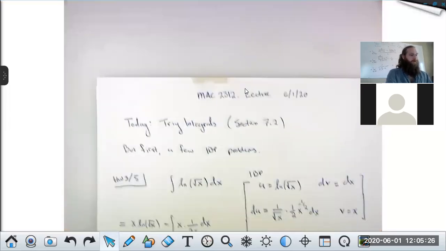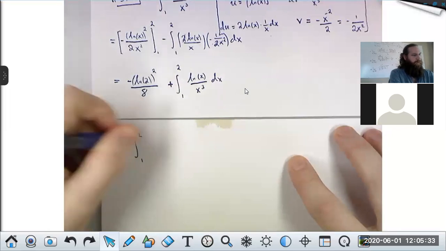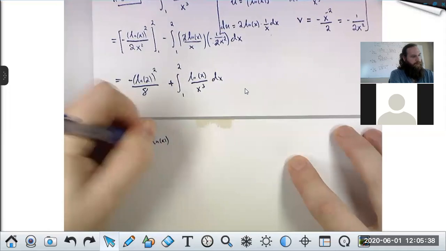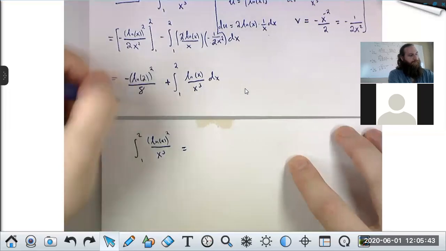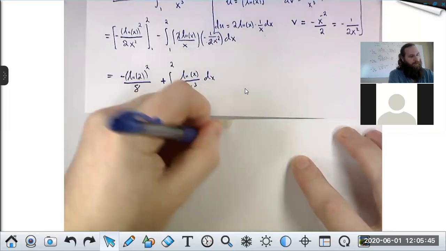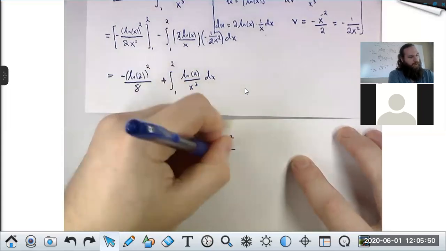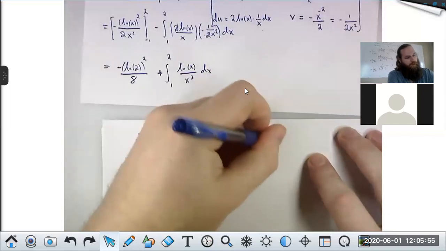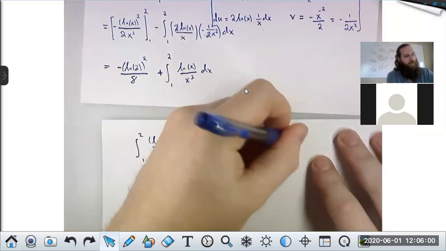I will copy down what we have so far. I have the integral from 1 to 2 of ln of x all squared over x cubed equals negative ln of 2 squared divided by 8 plus integral from 1 to 2 ln x over x cubed dx.